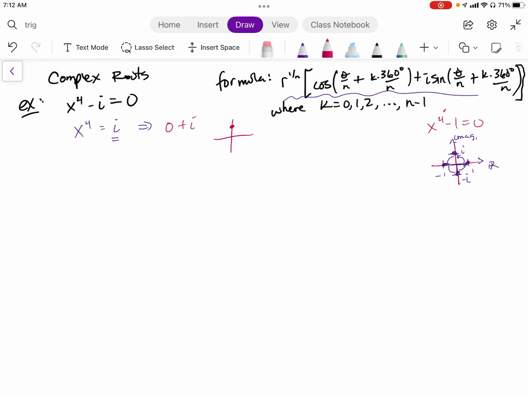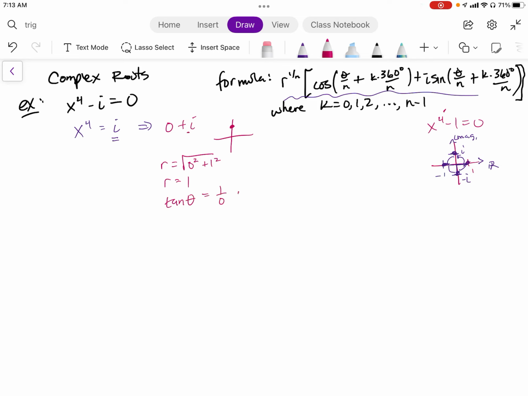But to verify that, we could go ahead and do our formulas. r equals the square root of a squared plus b squared. So b is the value in front of i. Square root of 1 squared, so the square root of 1 is 1. And then you could do tan theta equals b over a, 1 over 0.